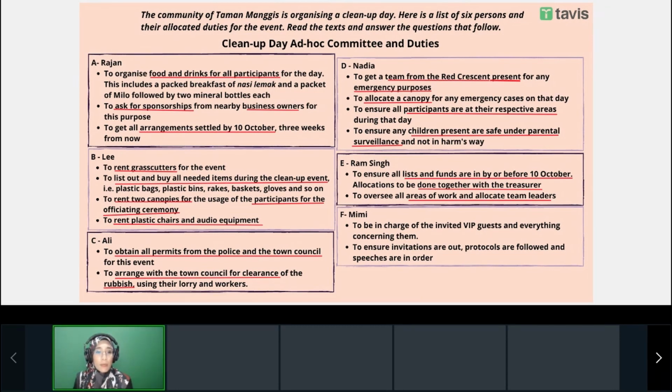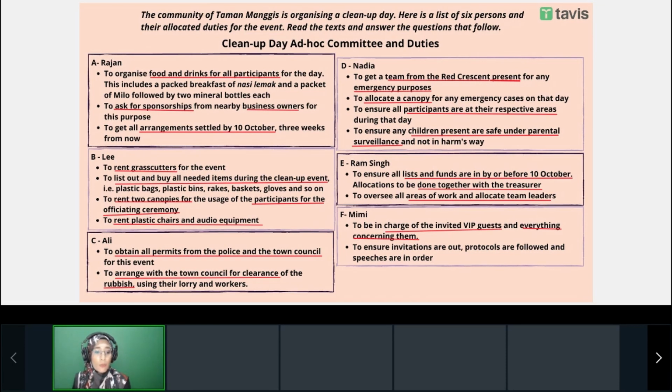And Mimi is in charge of the invited VIPs and everything concerning them, to ensure invitations are out, protocols are followed, and speeches are in order. So she is in charge of the invited VIPs and whatever is concerning them, whatever they want. She has to entertain the VIP guests.